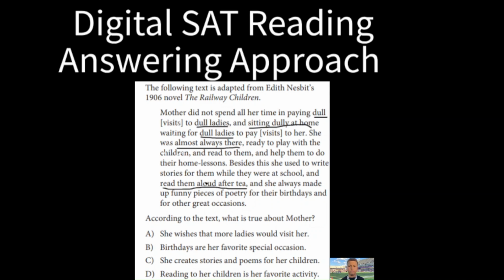Okay, so given all this information, let's look at the answer choices and use the process of elimination. The first option is that she wishes that more ladies would visit her, and no, the whole point of this sentence is that she hates the ladies. She's like, why do these ladies want to talk with me? She's like that popular kid who hates everyone else and just wants to hang with their group of people.